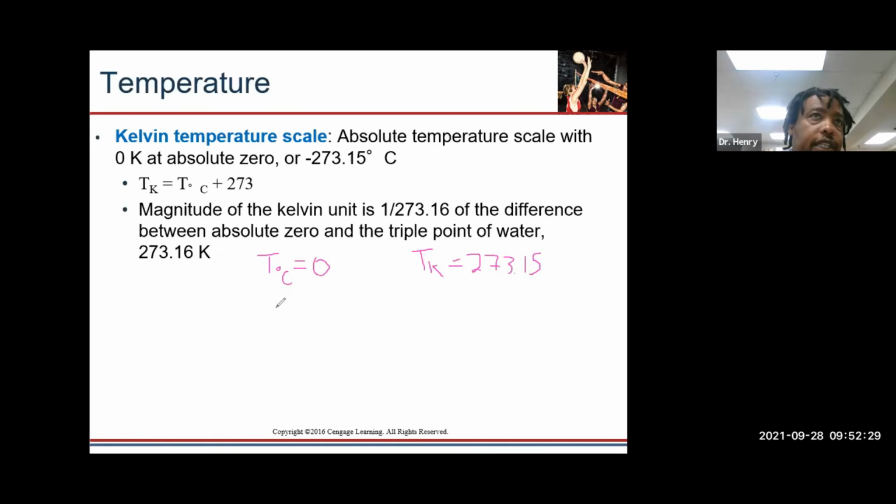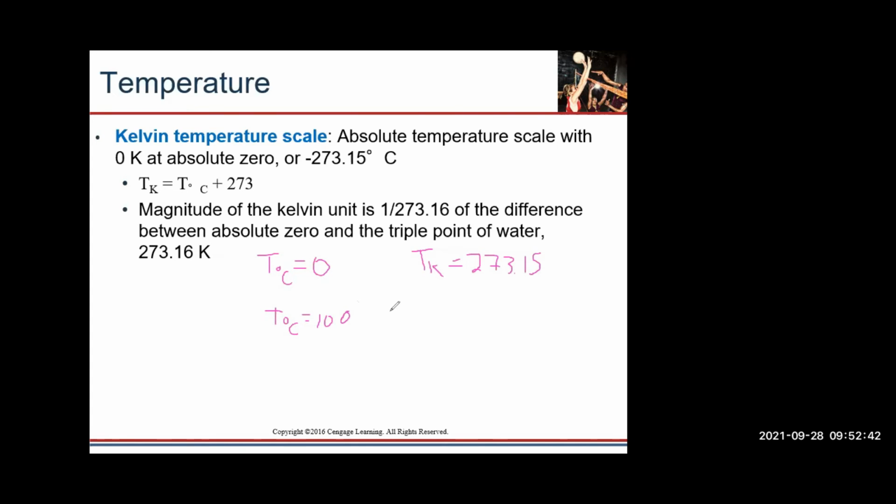Okay, so if TC was 100, what would be our degrees in Kelvin? 373.15.